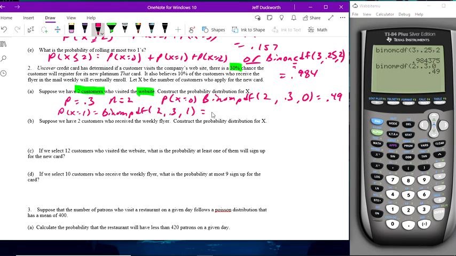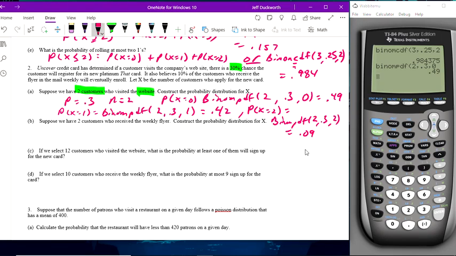It's going to be about 0.42. And then the probability that x equals 2 is binompdf of 2, 0.3 and 2, and that should equal 0.09.